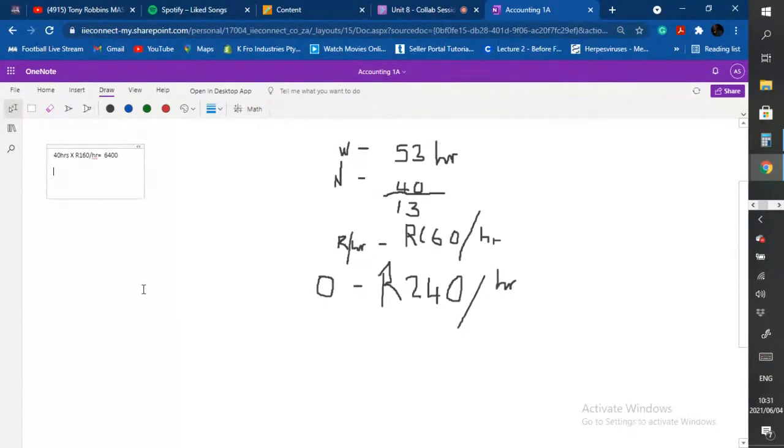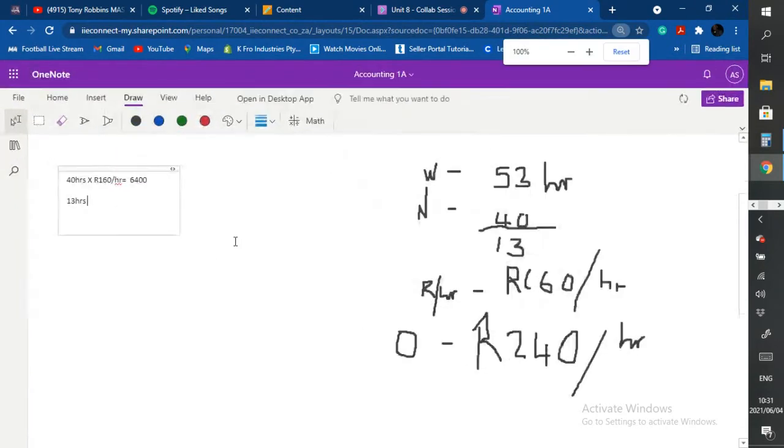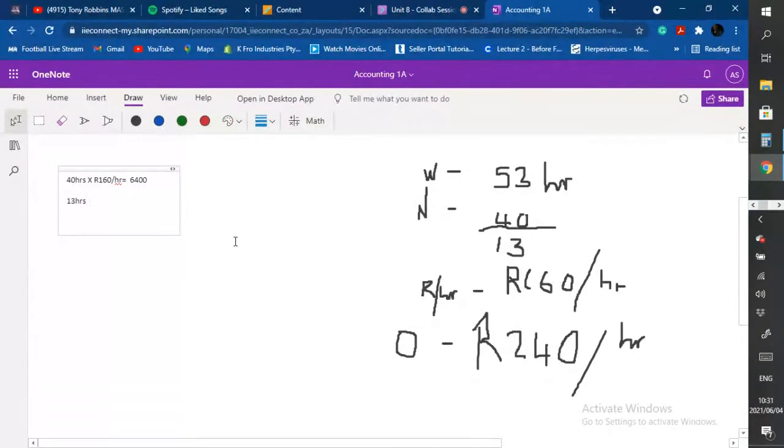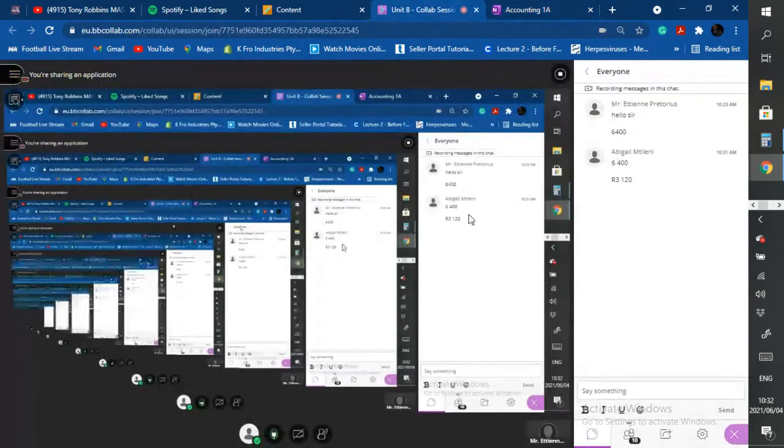And then what we want to calculate is the overtime. So 13 hours. Let me zoom in a bit, that should be helpful on your eyes. Times the overtime rate of 240 per hour. When we times those two together, what do we get? 3,120.